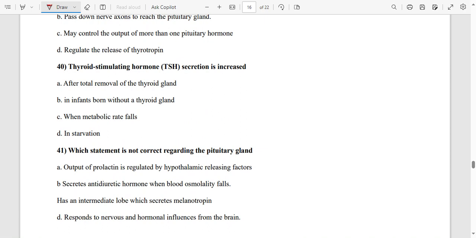Okay. So when you're talking about the thyroid stimulating hormone, first you are going to have the paraventricular nucleus of the hypothalamus.